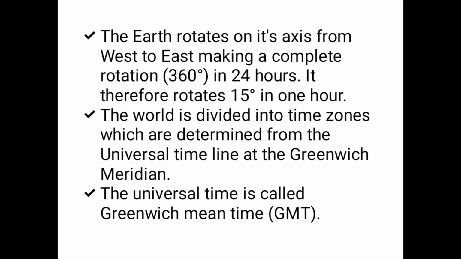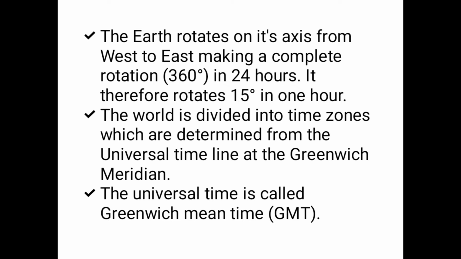However, we know that the Earth's surface is divided into time zones, or the world itself is determined by the universal timeline, which is the Greenwich meridian. This simply means that to understand time differences, we focus on the longitude lines.